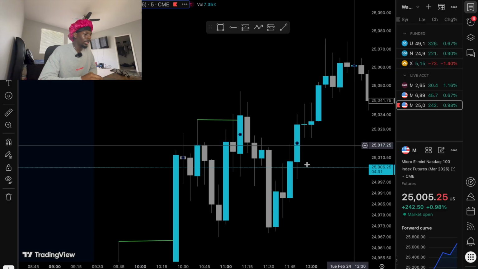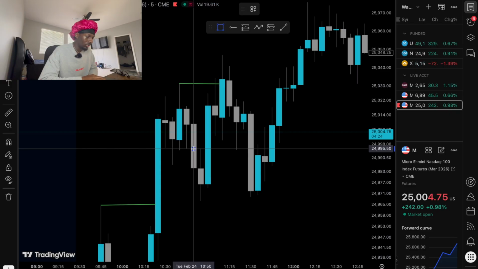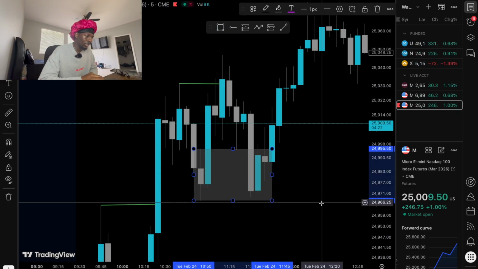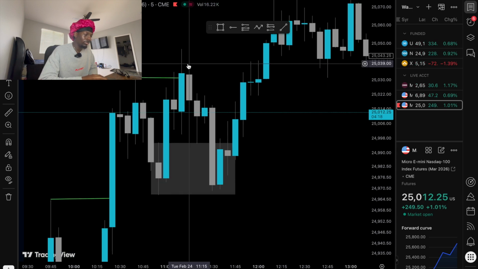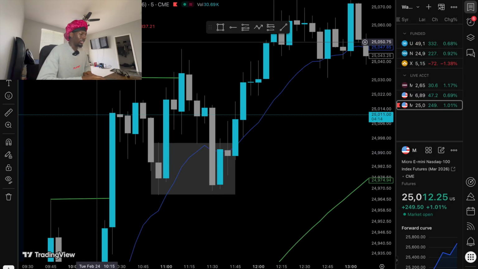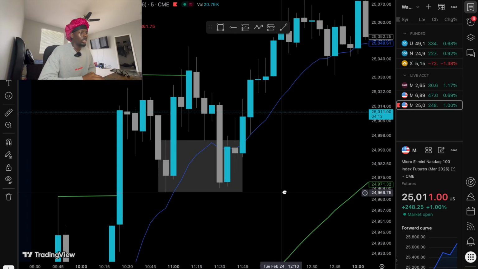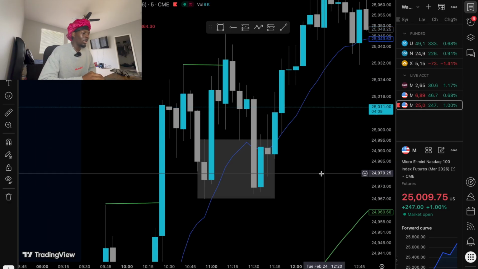All right. So once I saw that it had broken the top, I went ahead and marked this demand zone as well. Okay. And as you can see, price came up, came right back down, tapped into the zone. I went ahead and pulled my EMAs out because y'all know I enter off of the break and close of an EMA.